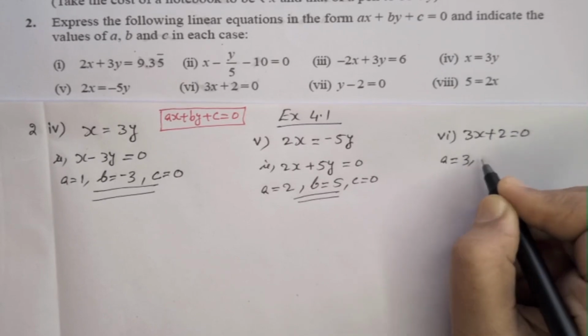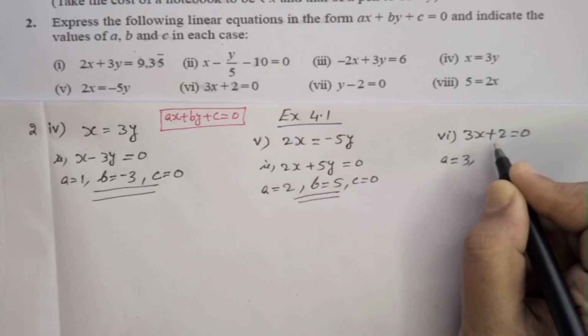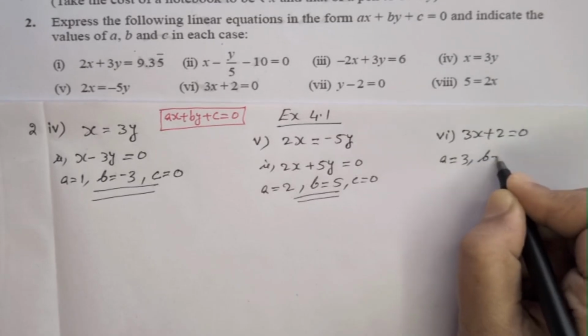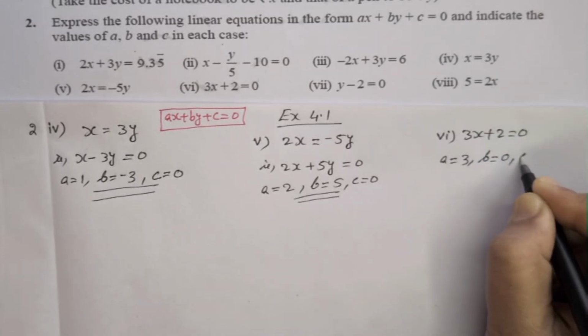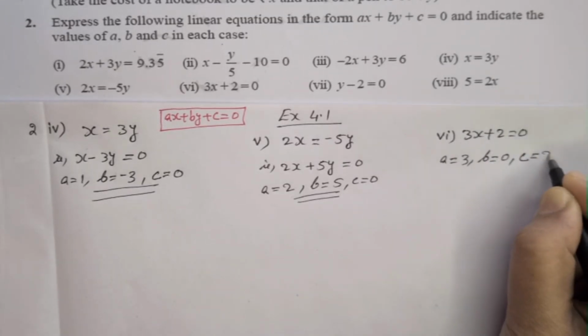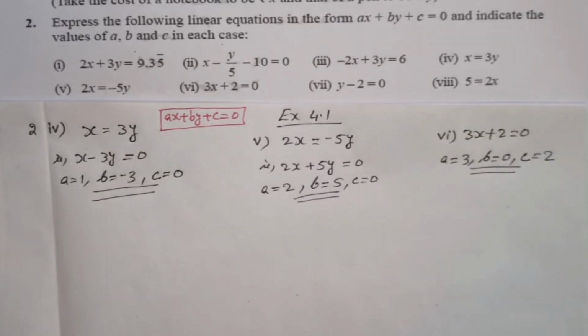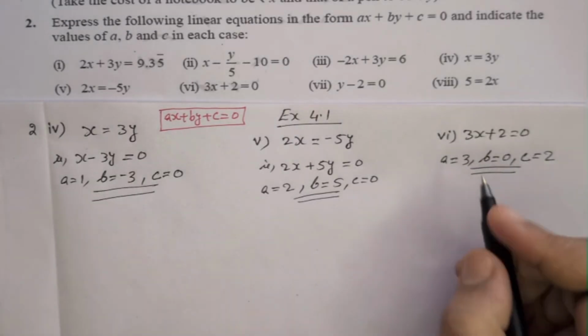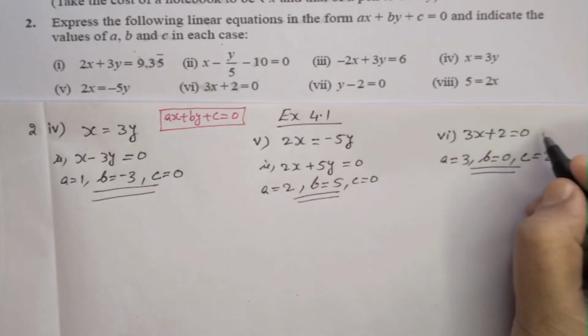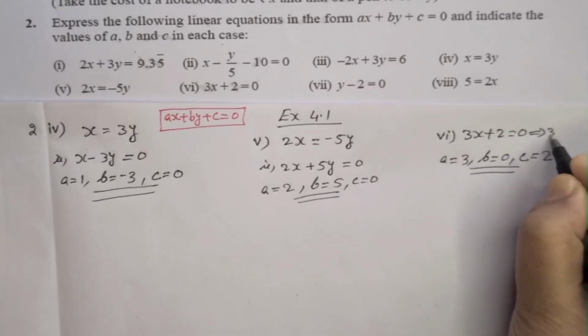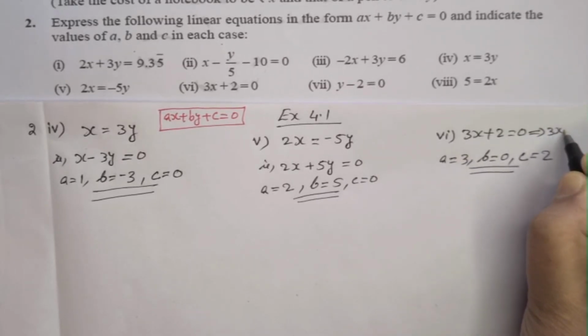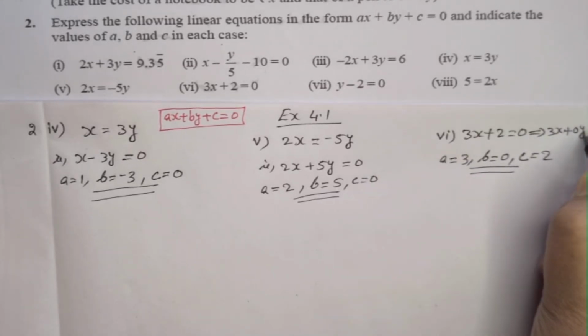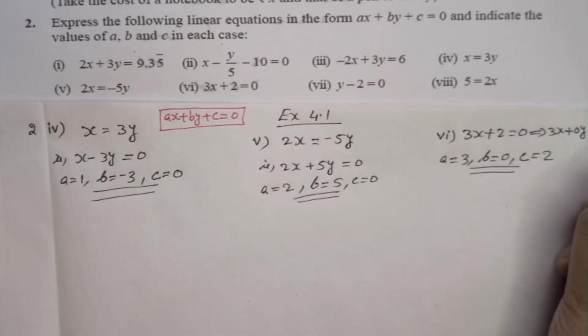So here the y term is 0, which means b is equal to 0. And c is the constant 2. If you want, you can rewrite the given equation as 3x plus 0y plus 2 is equal to 0.